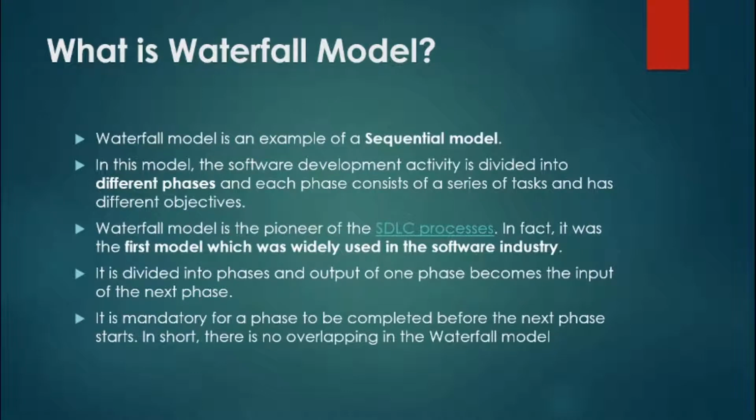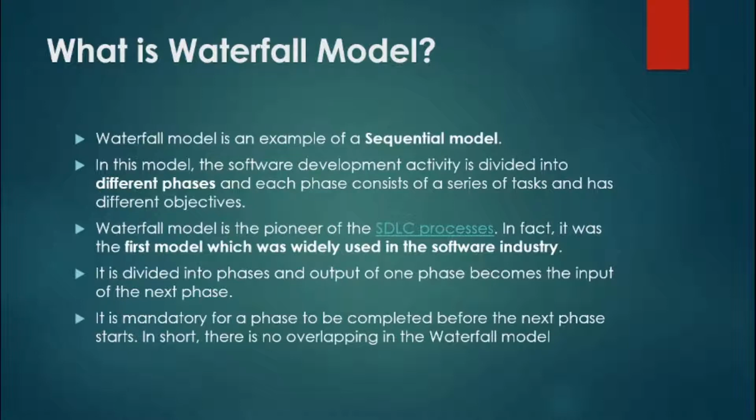The waterfall model is an example of the sequential model, and in this model the development activity is generally divided into different phases, and each phase consists of a series of tasks and different objectives. It was the first model which was widely used in the software industry, and it is also called the pioneer of the SDLC processes.